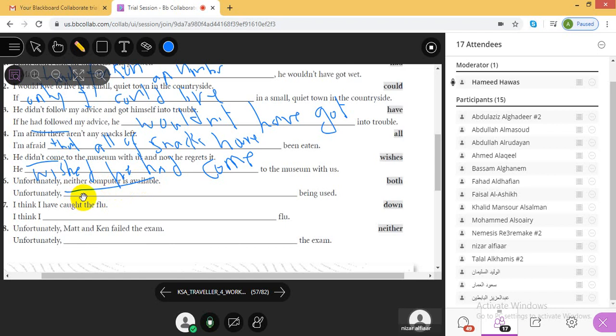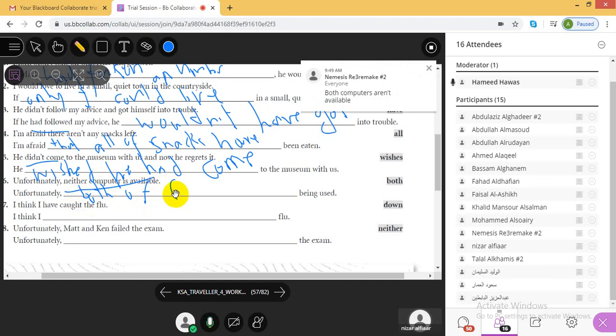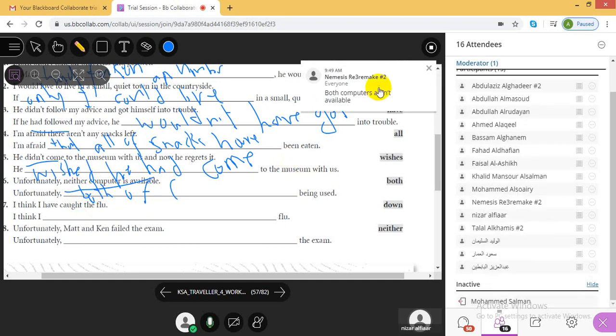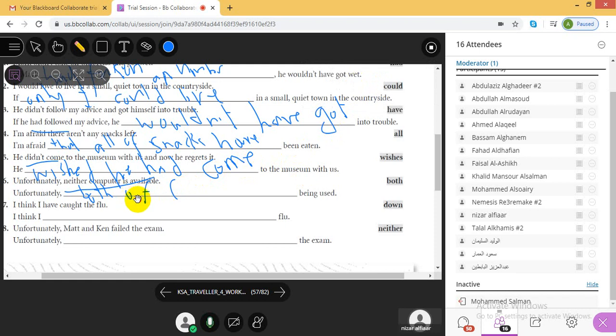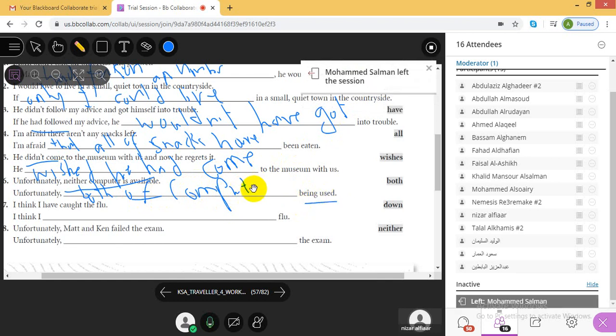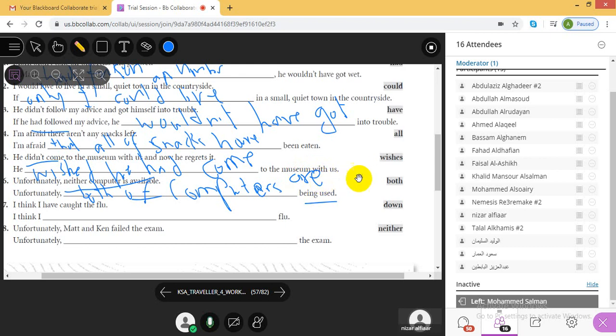Unfortunately, neither computer is available. Unfortunately, no computer is available. Neither of the computers, I mean we have two computers, neither of them is available. So I mean, not one of them is available. Unfortunately, who can use both here to give the same meaning as that one? Unfortunately, both of the computers, yes, both computers are being used. Yes, very good. Both computers are, because we have here the completeness of a sentence. Both computers are being used now, so they aren't available.